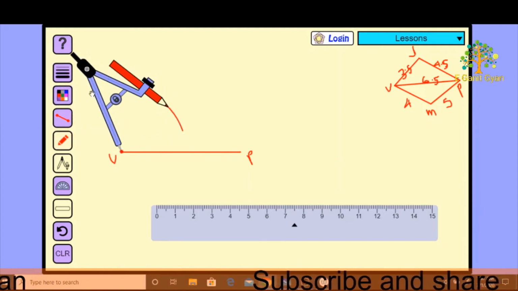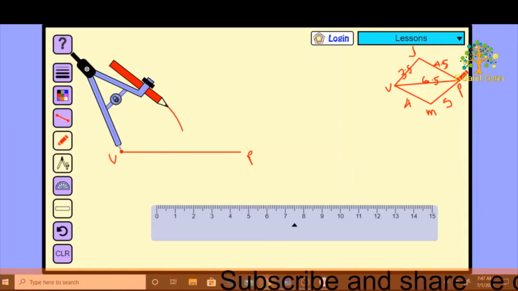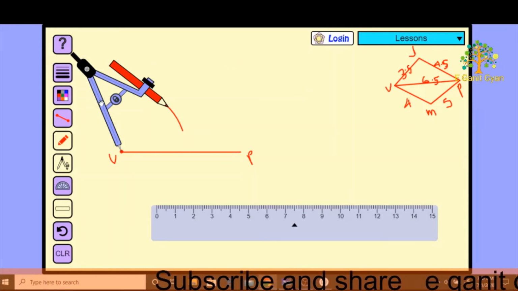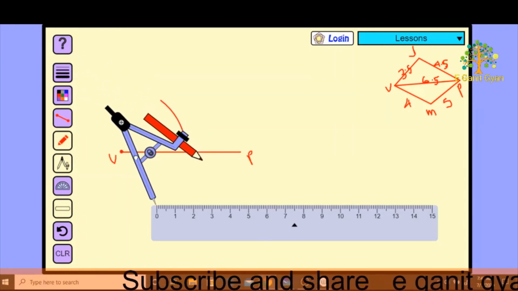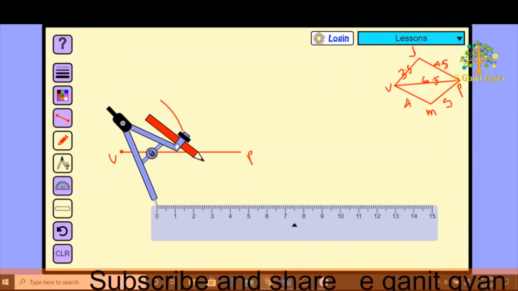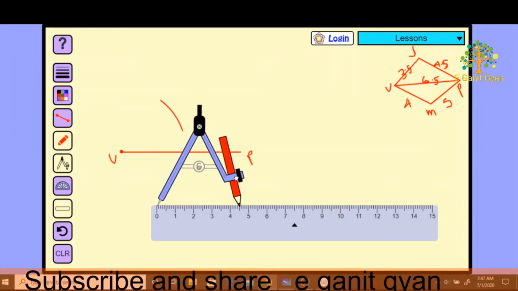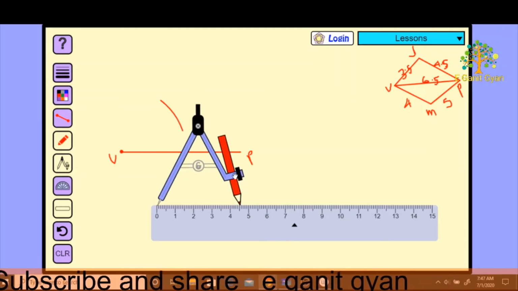Okay. Then after that, with P as the center, I will draw one 4.5 centimeter arc. Here I will fix 4.5 centimeters.